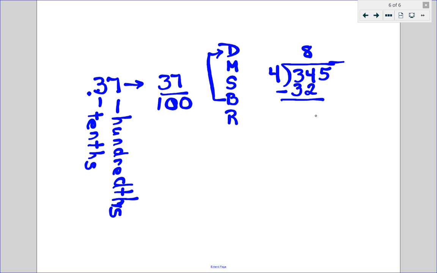Sister, subtract. Have 2 left over here. We have a brother in town, so let's bring him on down. Brother has to go up and ask Dad questions. And remember, I said you can even think of this as one of these, right? If you're forgetting what you need to do next. How many 4s can you get out of 25? You can get 5, so that has to go above the number you brought down. 5 times 4 is 20. Subtract, we have 5. No other brothers in town, so I have a remainder.